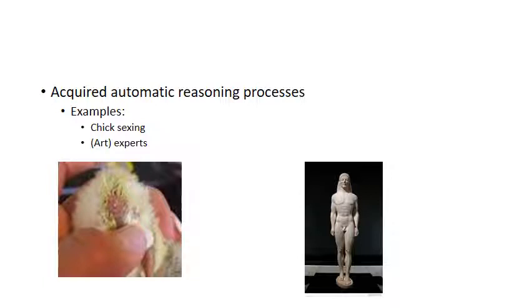And interestingly as well, if you ask them now, why did you put this one in the basket for the chickens and this one in the basket for the roosters? Well, they can't really remember why exactly they said that, what exact characteristics they detected to make that distinction.